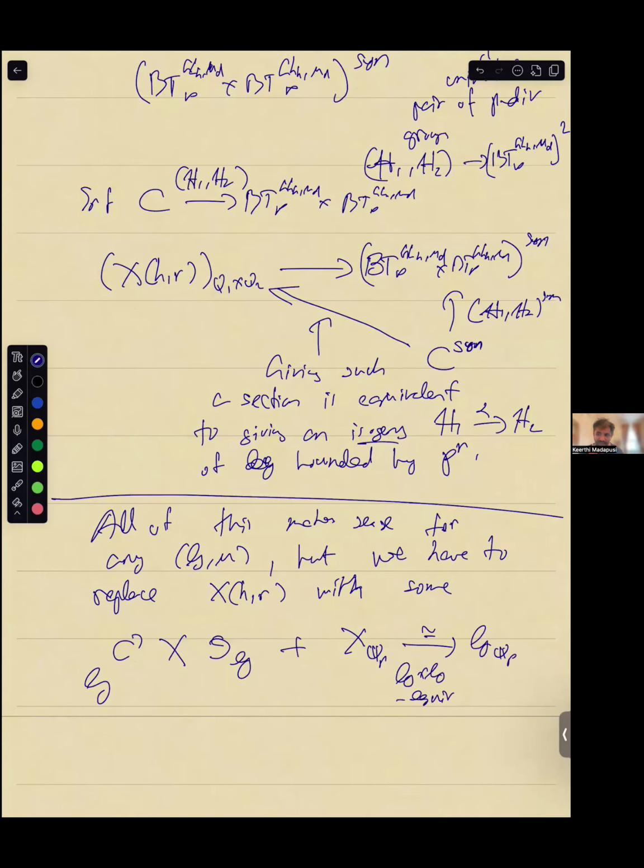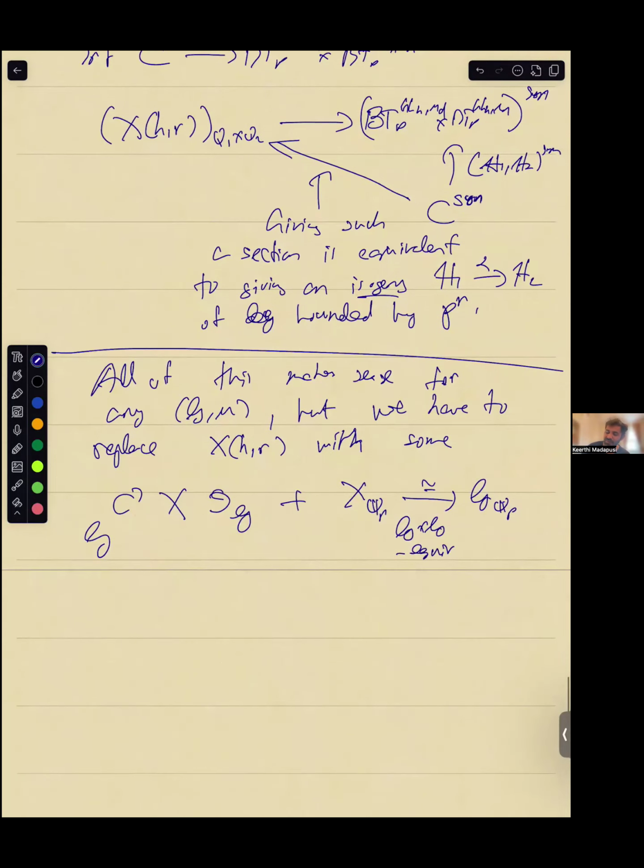And you can repeat this whole thing. And then you'll get a notion of isogenies.